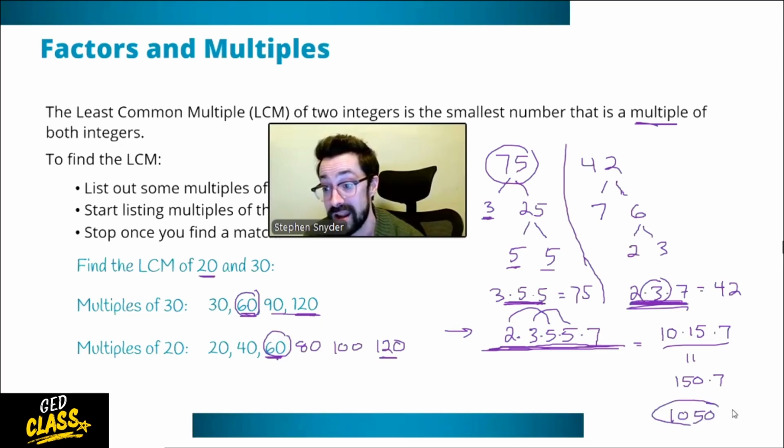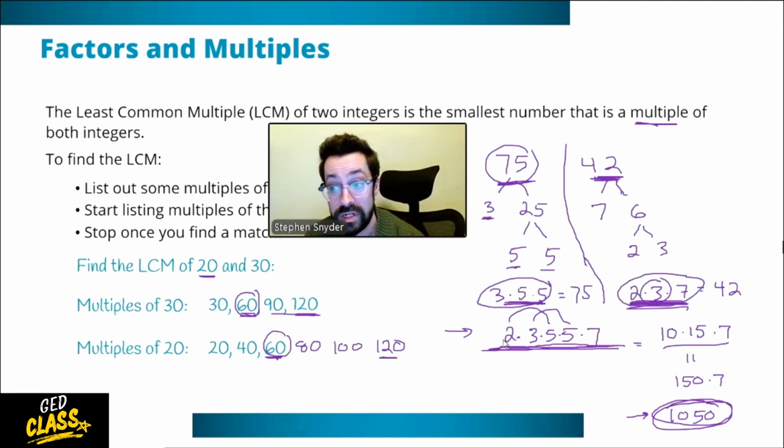And believe it or not, that would be the least common multiple. This doesn't look like it was going to be that bad. But if we tried to write all those out, oh my goodness, that would be crazy. But if we just think about what the numbers are made of, and we just make sure all of those numbers are in our multiple, then we got it.